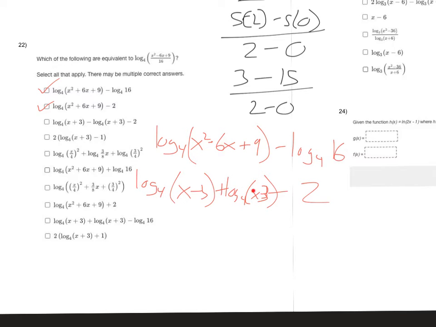And these two are actually the same, so I could combine that and make it 2 times log base 4 of x minus 3. Let's see what we have here to consider. So this looks almost like what I have, except this is a plus, this is a minus, so no to this one.